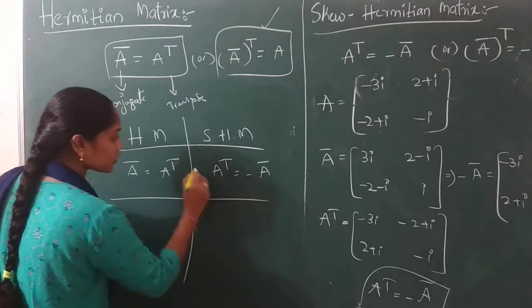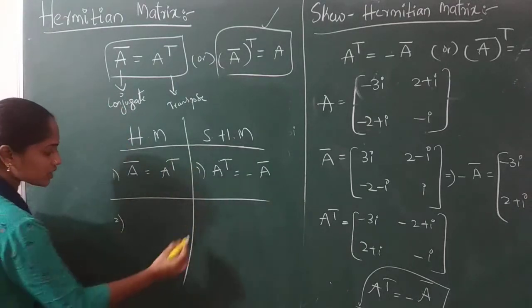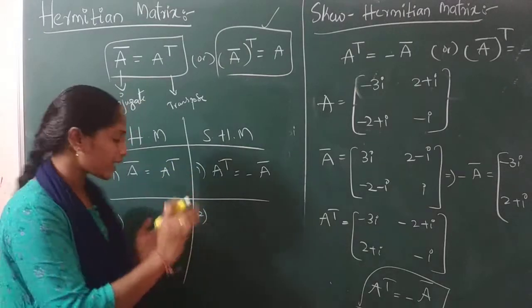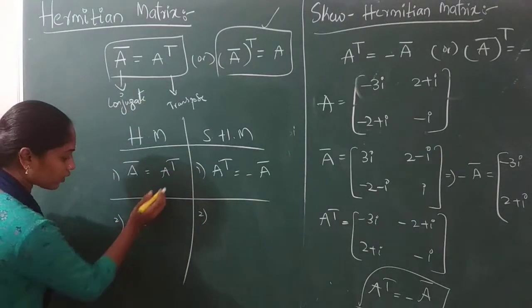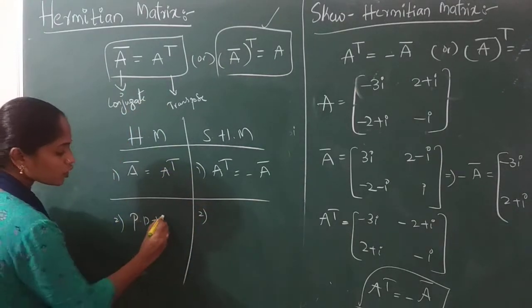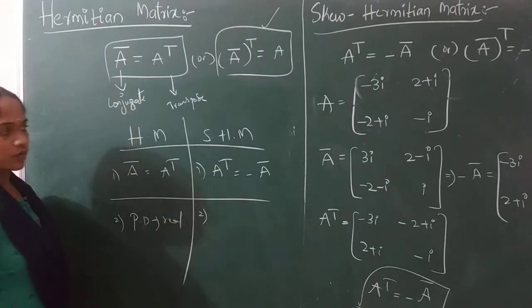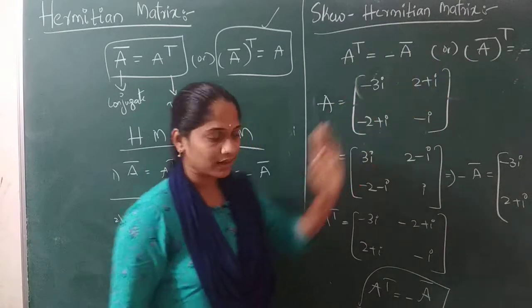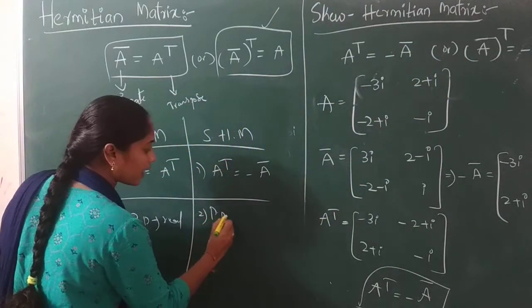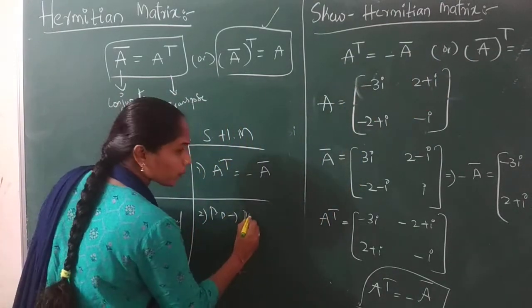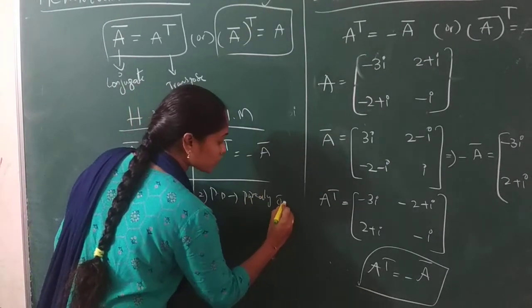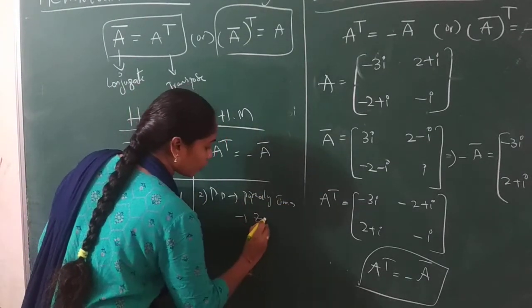And the second point is that in the Hermitian matrix, the diagonal elements, the principal diagonal, should be real numbers. Whereas in the Skew-Hermitian matrix, the principal diagonal elements may be purely imaginary or zeros.